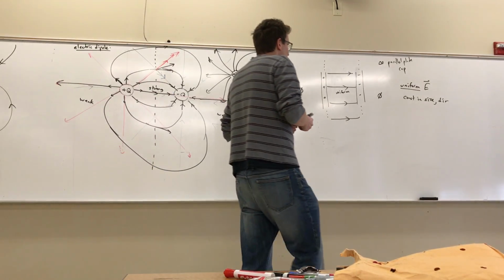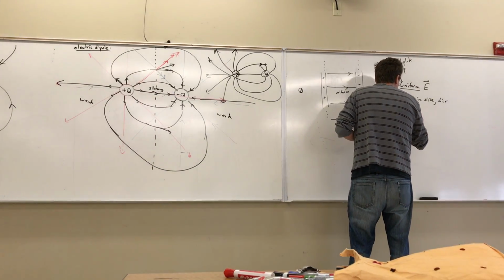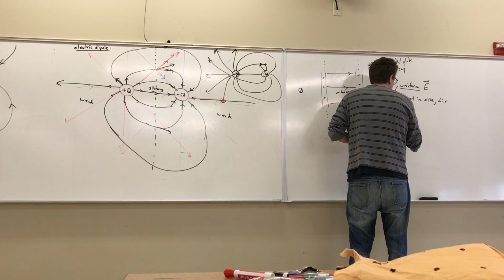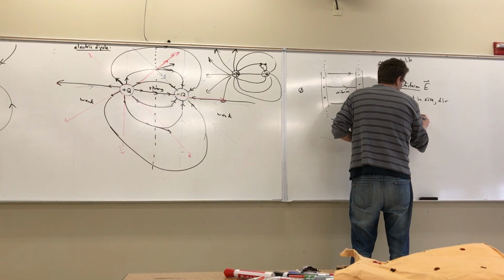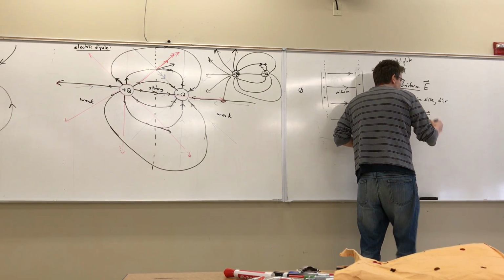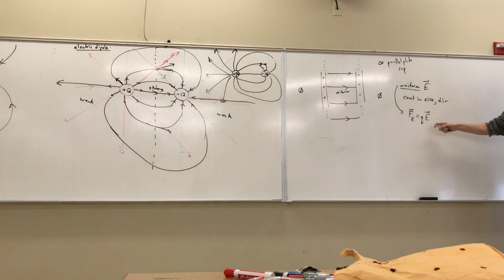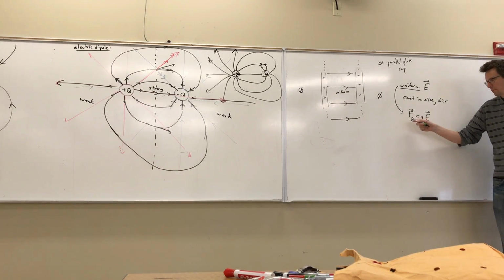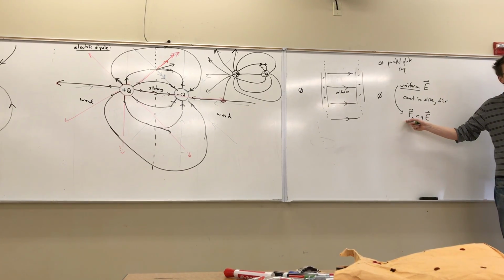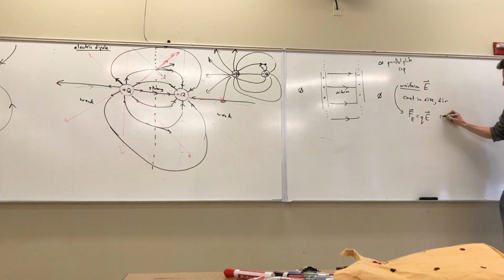Now, why is this a cause for celebration? Well, if we go here to this equation, if we have a constant electric field, what does that mean about the force that it will exert on a charge? Constant force, not a force that changes with distance.